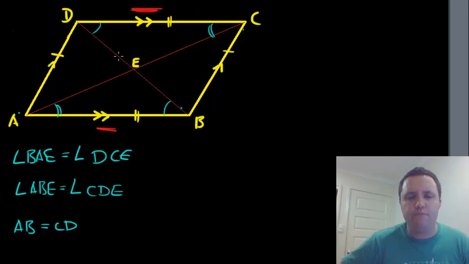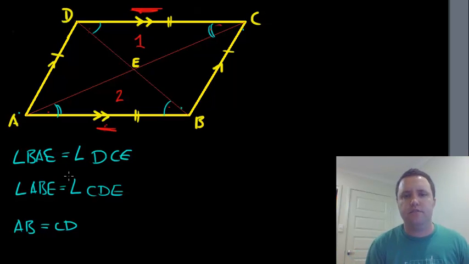So now we borrow what we've been learning about congruent triangles and we investigate this triangle here, triangle 1, and this triangle here, triangle 2. What do we know about it? We have two corresponding angles that are the same, and in between those angles, we have a side that we know is exactly the same.